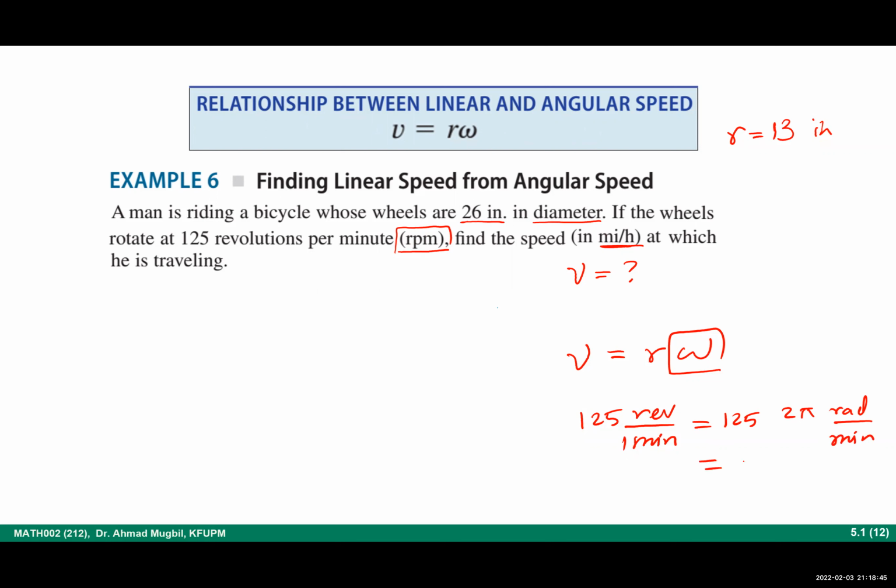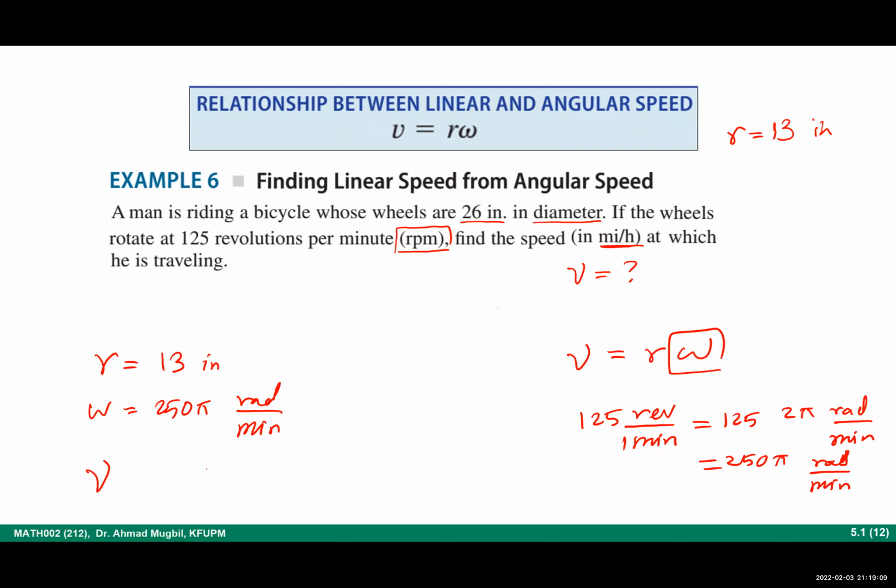So this is in fact 250 pi radian per minute. Now this is omega. All you need to do is multiply it by r. Here we have r equal to 13 inches and omega equal to 250 pi radian per minute.